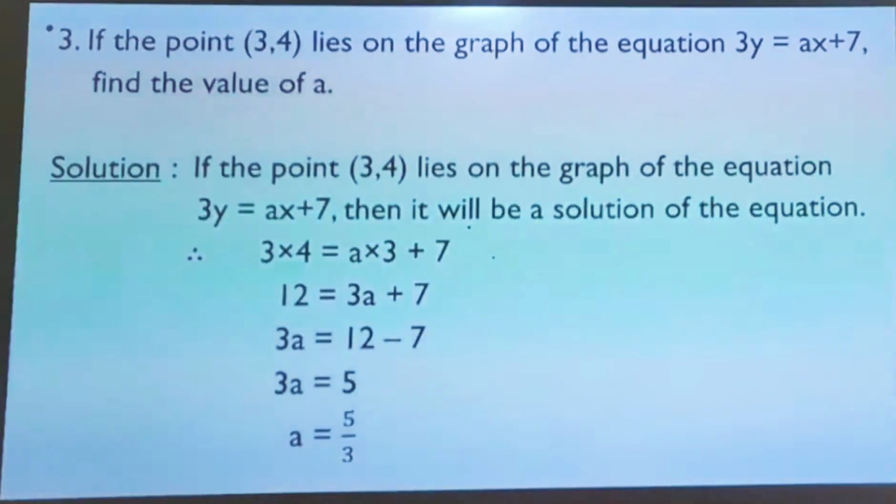Yes, so the value of a is 5 upon 3. If you want to cross check your answer, you can insert the value of a also in the given linear equation along with x and y and see that you are getting left hand side equal to right hand side.